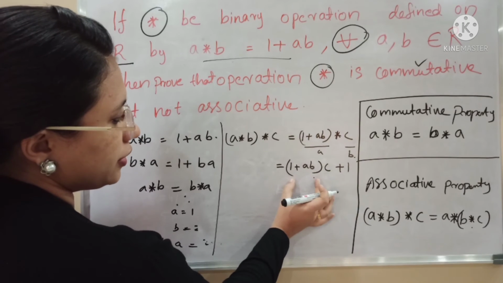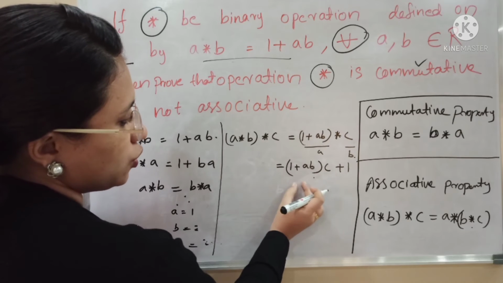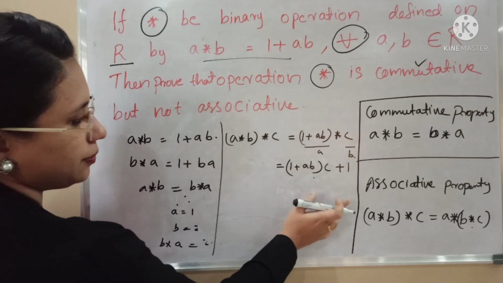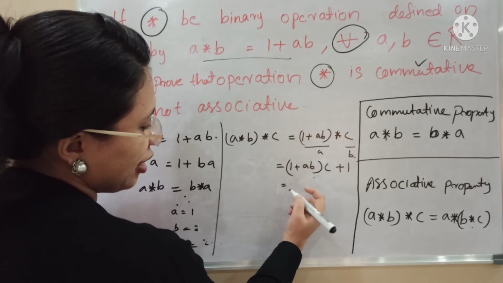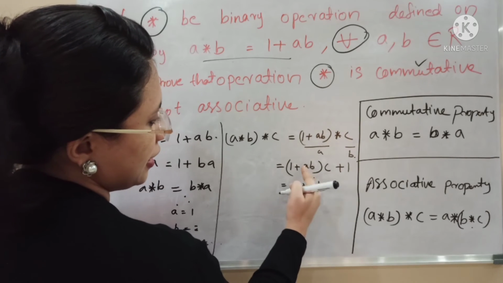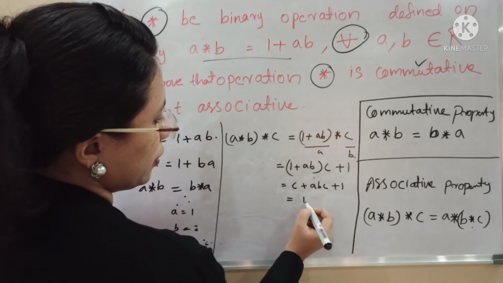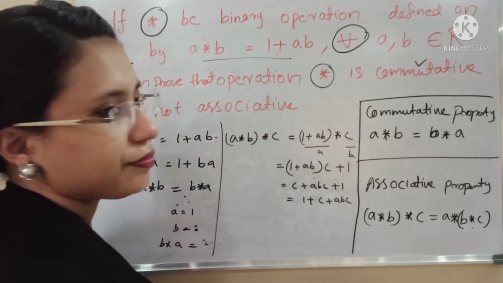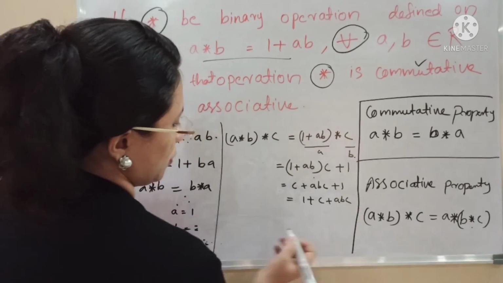So the whole term is considered as a here, and this is b, so ab plus 1. Same thing, right? Now multiply c inside. c times 1 is c, plus ab times c is abc, plus 1. So 1 plus c plus abc. Clear?